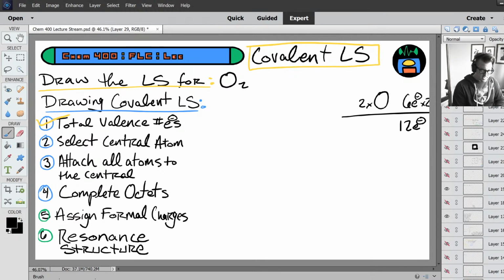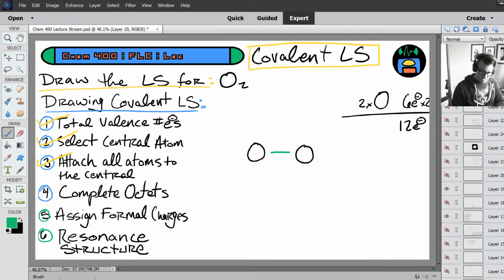All right, we've handled step number 1. You can't really pick a central atom when you only have 2 atoms in your molecule, because the term central atom is meaningless, more or less, right? There's no atom in the center. We're just attaching these 2 together. So let's do step 3. Let's attach all of our atoms. Done and done.